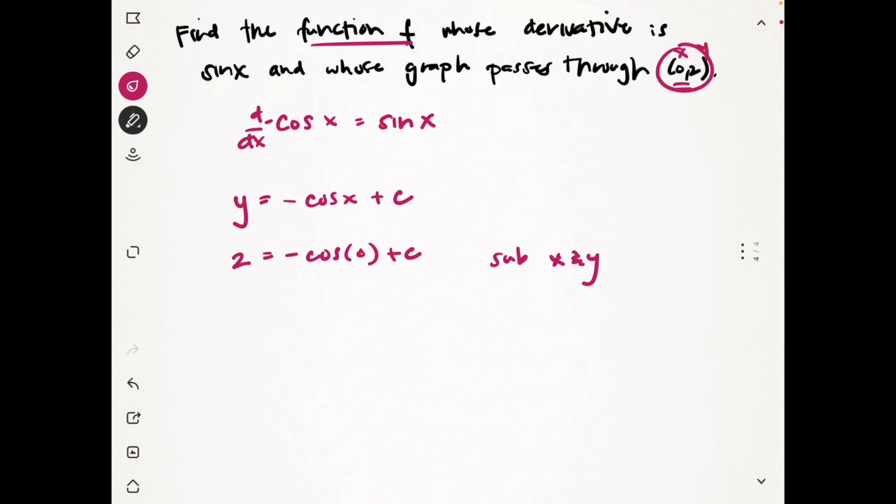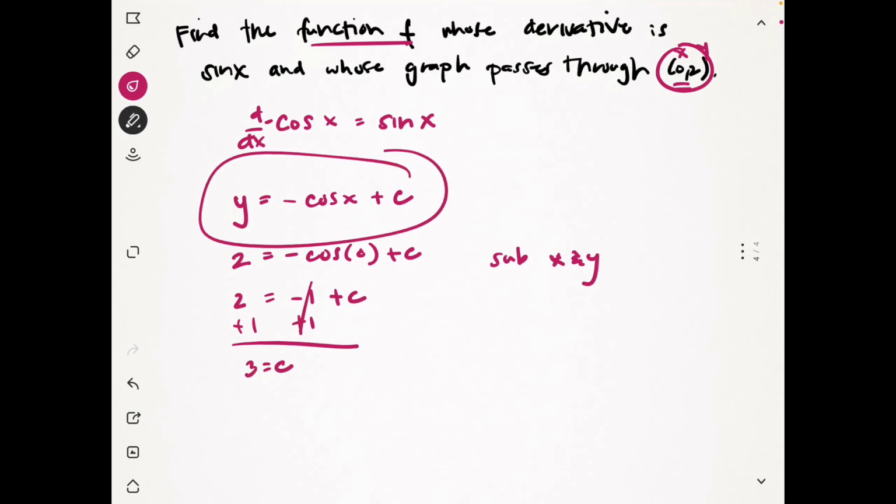What we're trying to do here is find the c. The cosine at 0 is 1, so 2 equals negative 1 plus c. Then we solve this for c. Now we fill back in here, so our function should look like y equals negative cosine x plus 3.